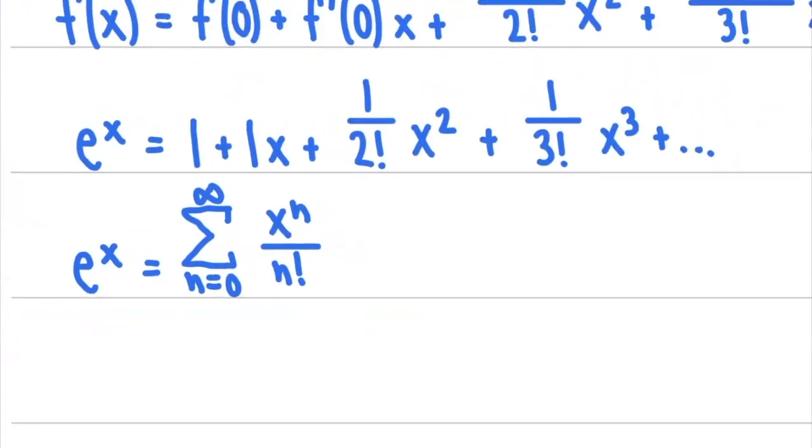Right, and you can check because this is x to the power of 0 over 0 factorial, that's just 1. X to the power of 1 over 1 factorial, that's just x. And over here we have x squared over 2 factorial. Over here is x cubed over 3 factorial. So that's the Maclaurin series for e to the x.